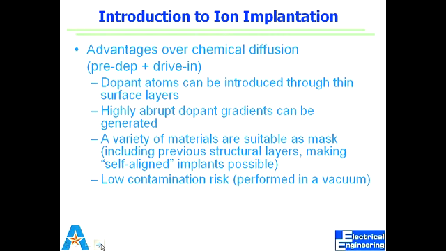How is that related? Not exactly implantation, but by defining the method that we use. So the bird's beak can be used as a mask. Silicon dioxide, any structure, can be used as a mask material.